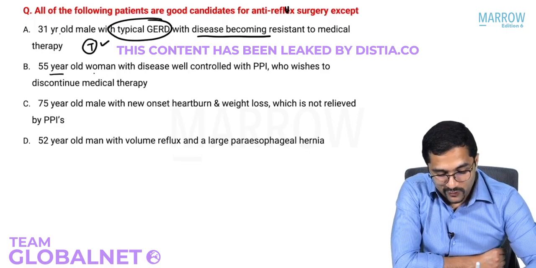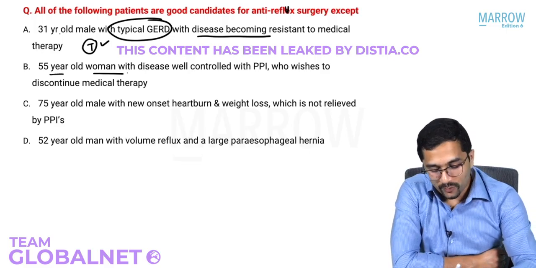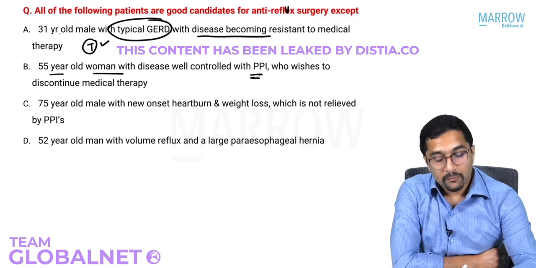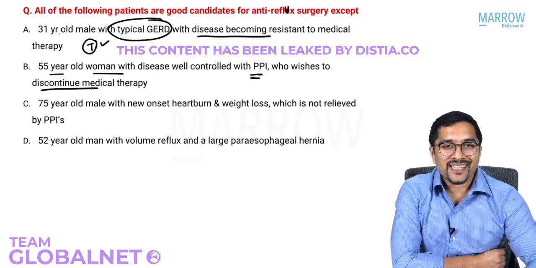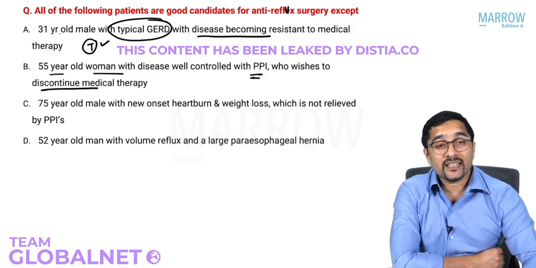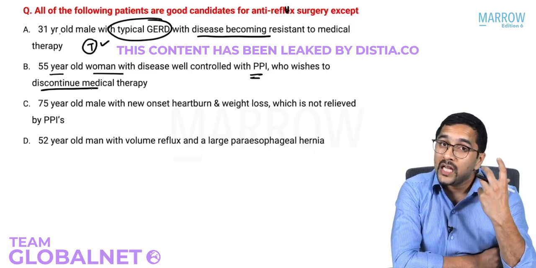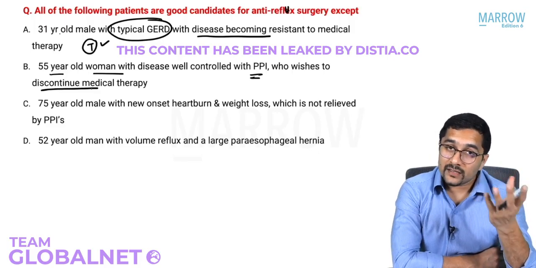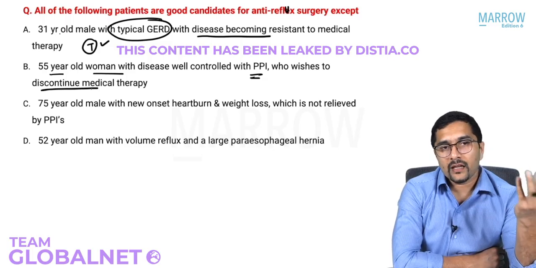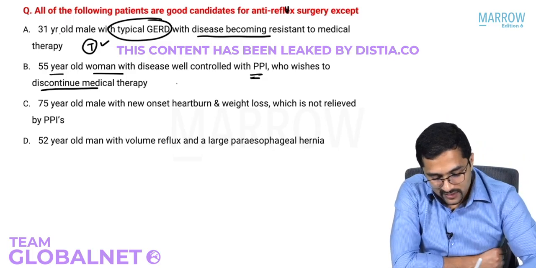You have a 55-year-old lady with disease well controlled on proton pump inhibitors. But now she wishes to discontinue medical therapy because somebody has told her that long-term PPIs can cause gastric cancer. Now, if she leaves medical therapy, will her symptoms come back? Obviously. So we have to carry out surgery in this patient as well.